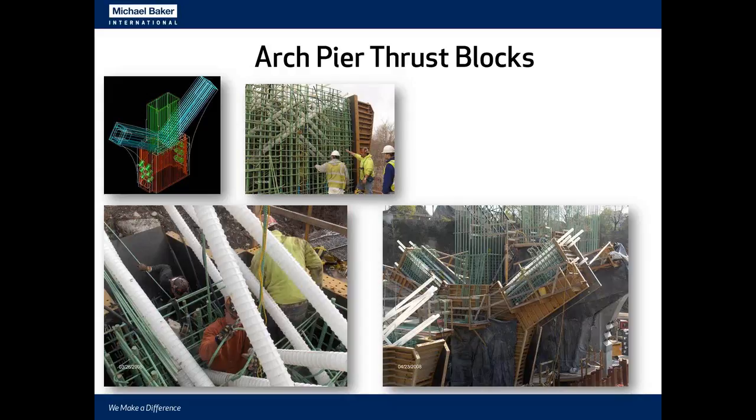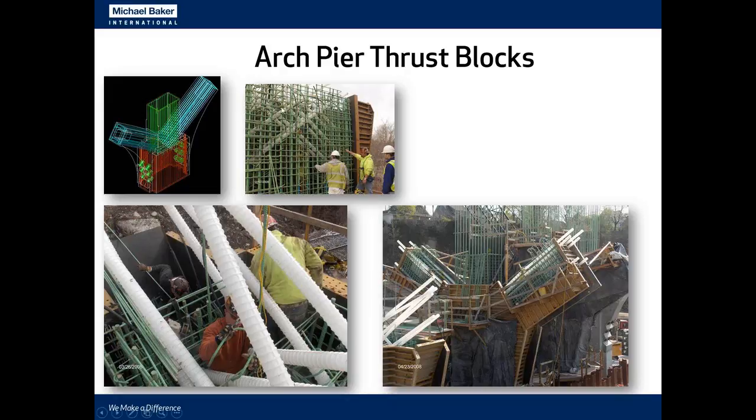The superstructure of the original bridge was just removed manually, but then explosives were used to demolish the 6 arch spans. The arch pier thrust blocks, I mentioned those earlier, but we've done some integrated 3D CAD modeling to make sure that our design plans for this congested region were correct and didn't have any rebar conflicts.